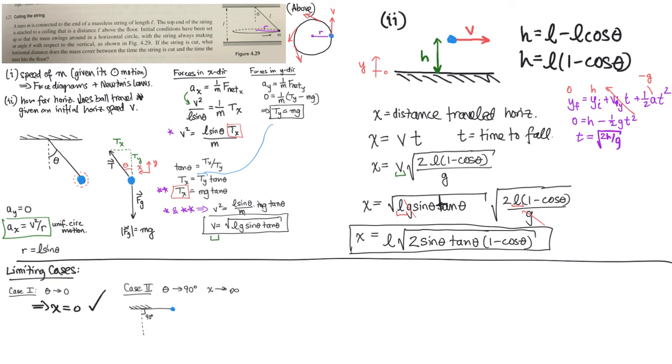It's true the ball will fall to the ground faster for a given height if g is larger, but also the initial horizontal velocity would have to be larger in order to maintain a circle at that height. And so those two effects exactly cancel out, and you're left with a distance that depends only on theta and L, but not on g.